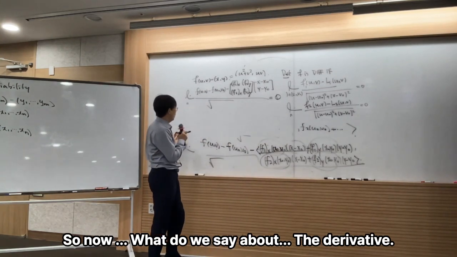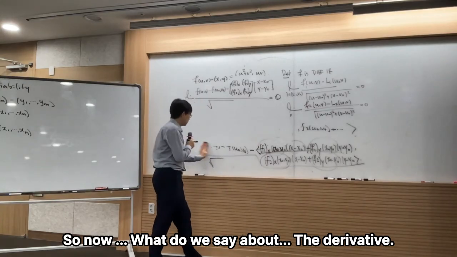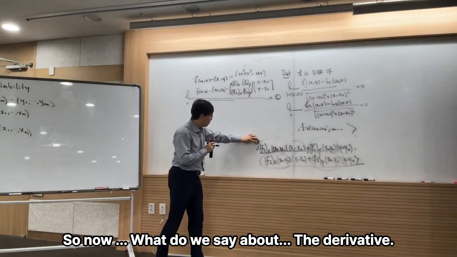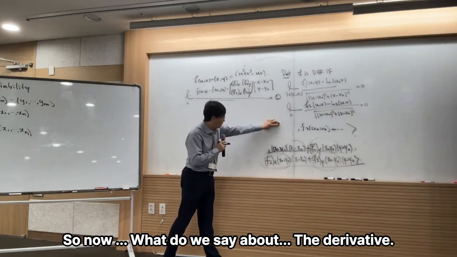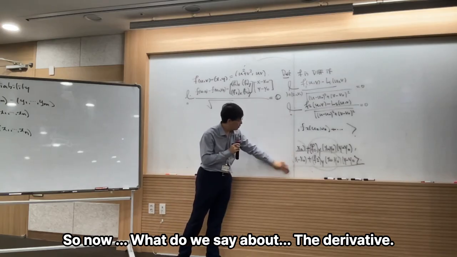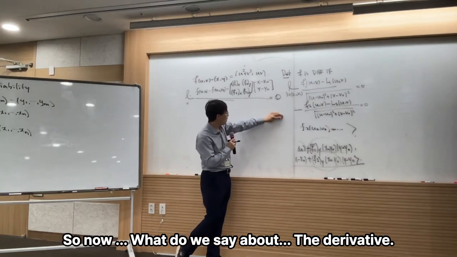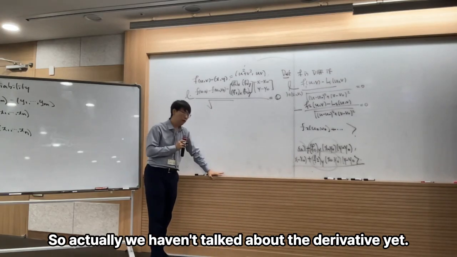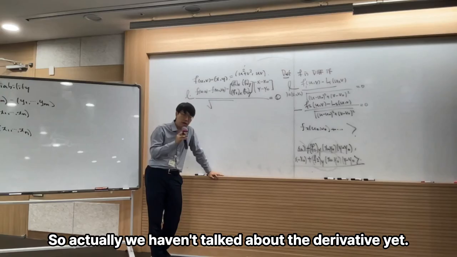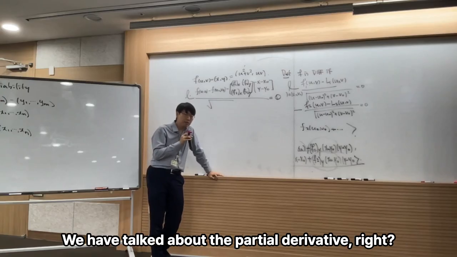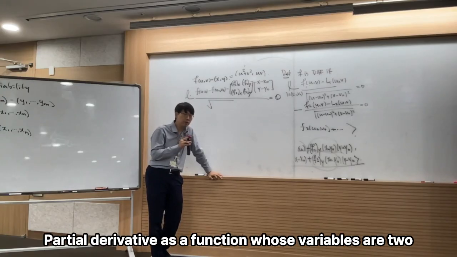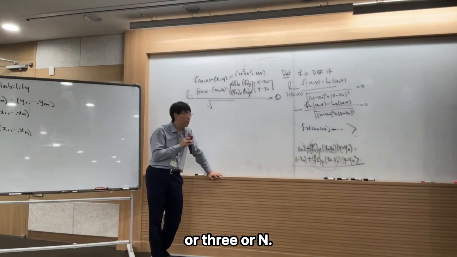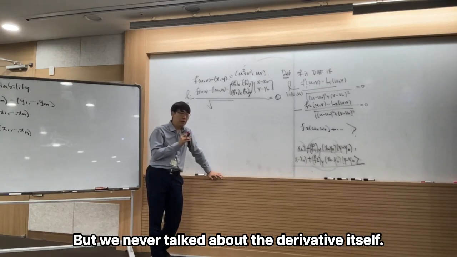So now, what do we say about the derivative? Actually, we haven't talked about the derivative yet. We have talked about the partial derivative, as a function whose variables are 2 or 3 or n. But we never talked about the derivative itself.